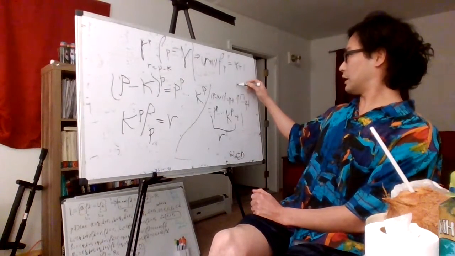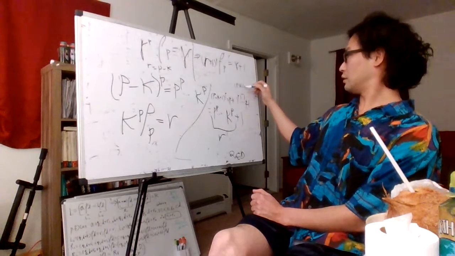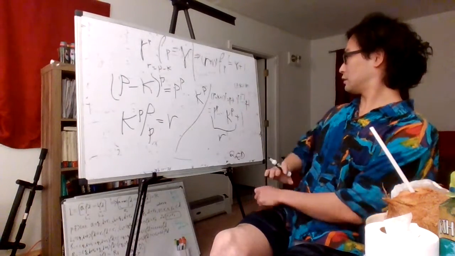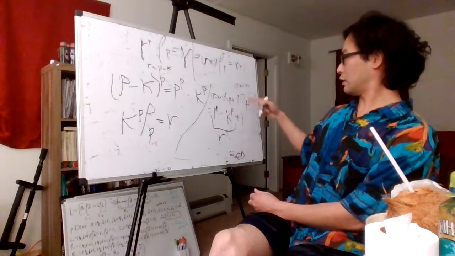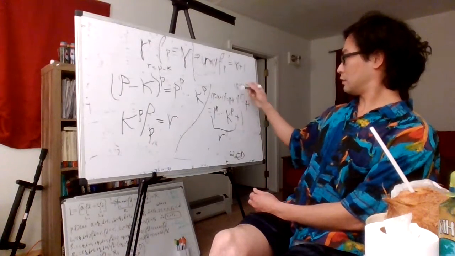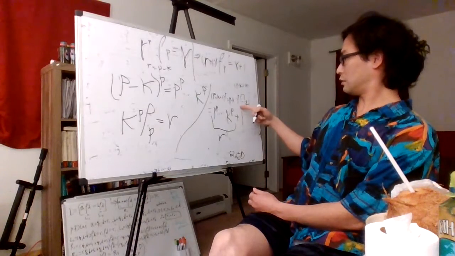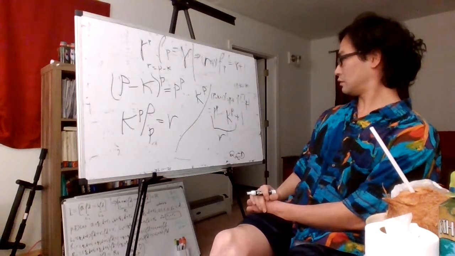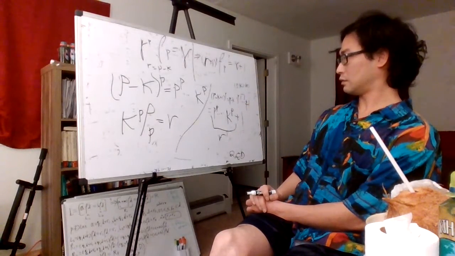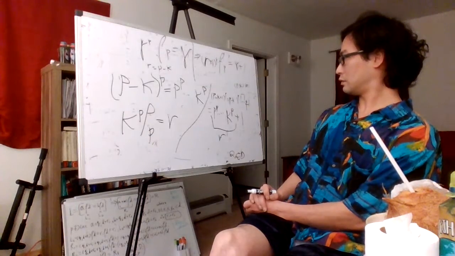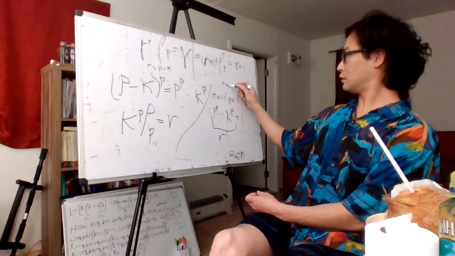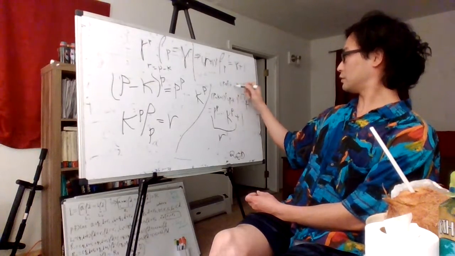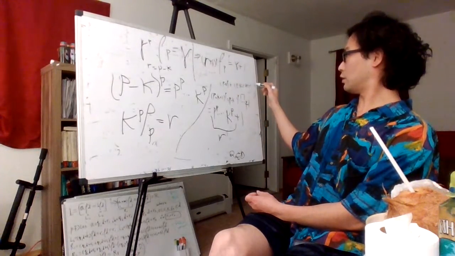You have some (p minus k) times m, and here you have (p minus k) to the pth plus 1.